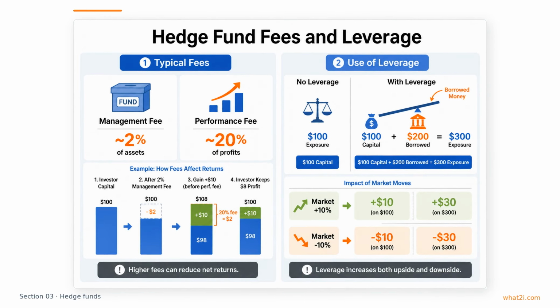Many hedge funds also borrow money or use derivatives to increase market exposure beyond their capital base. Leverage can amplify gains when the trade works, but it amplifies losses just as quickly when the trade moves the wrong way. A 10% market move can become far more painful if exposure has been multiplied. This is one reason hedge fund risk management matters so much.